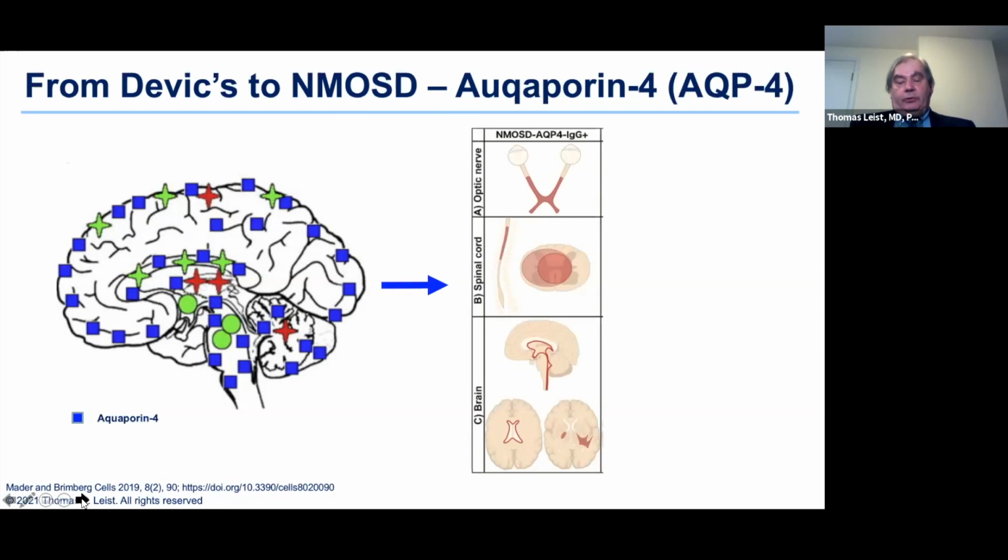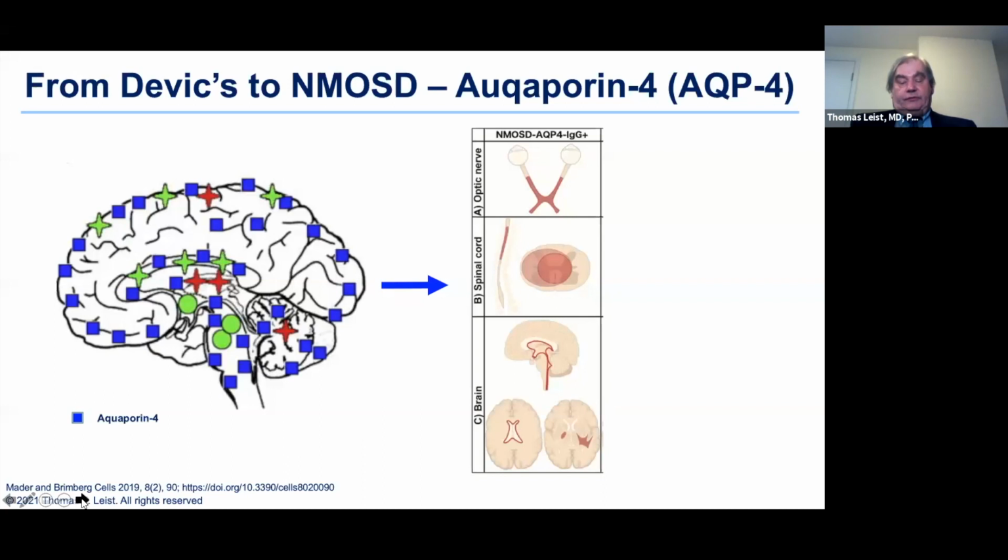Where do they occur in the central nervous system? And interestingly, these areas of injury in the central nervous system are significantly where aquaporin 4 is heavily expressed.